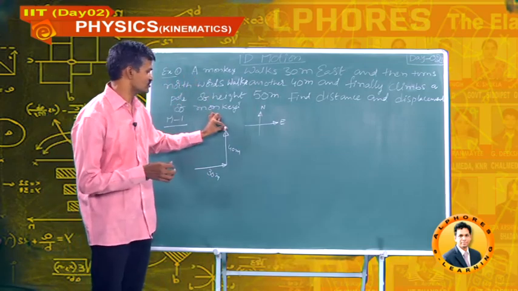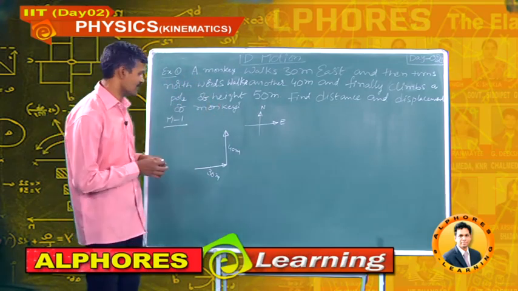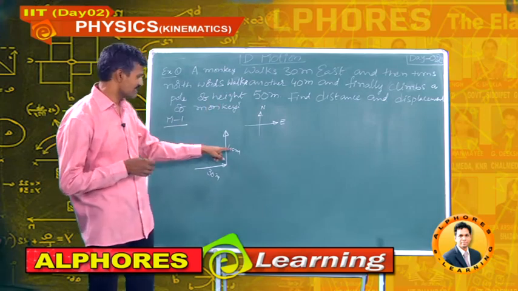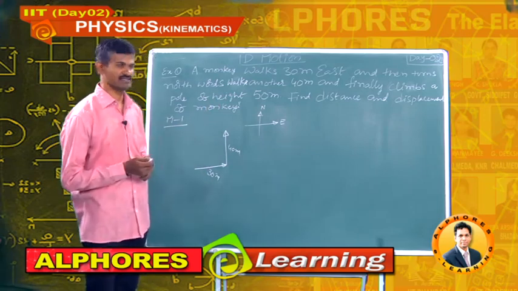So, to understand the situation, let us draw a cuboid whose sides are 30 meters and 40 meters.